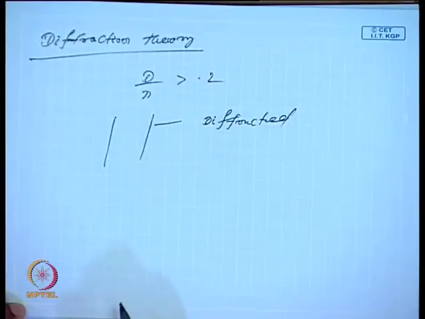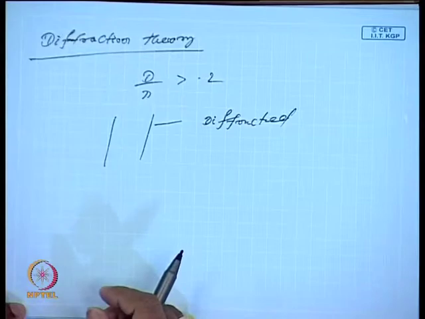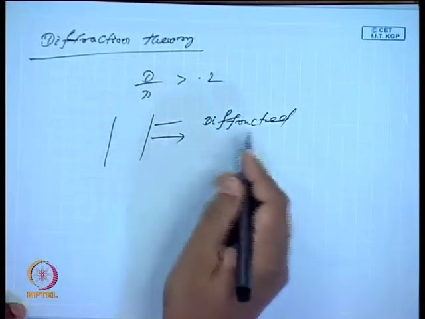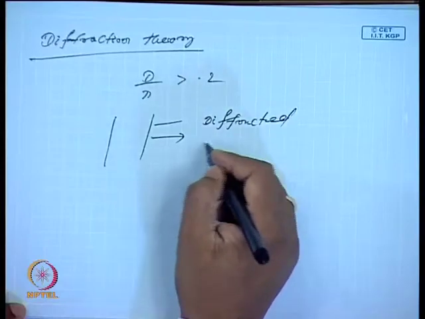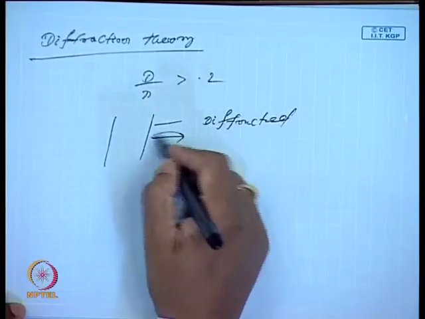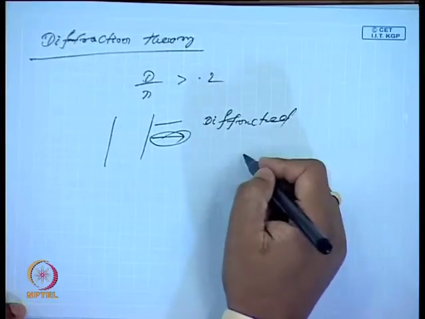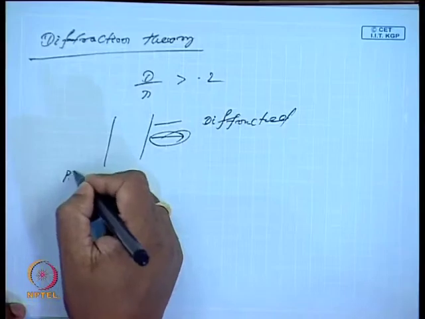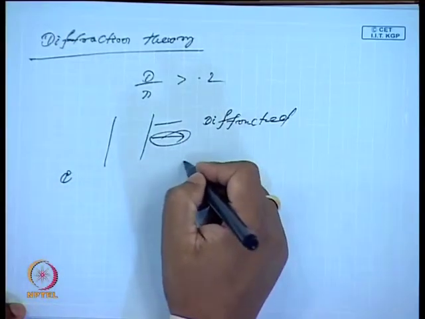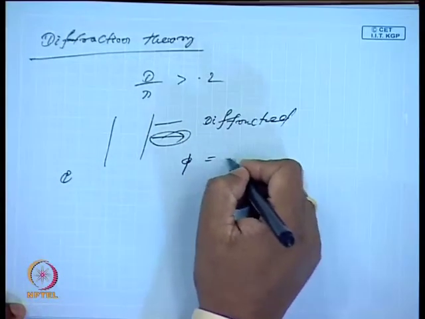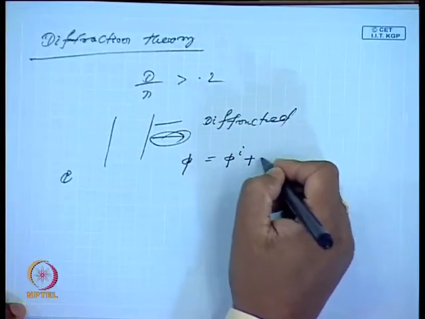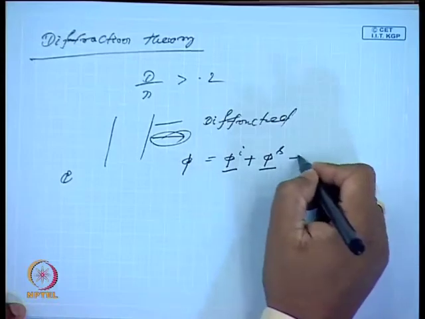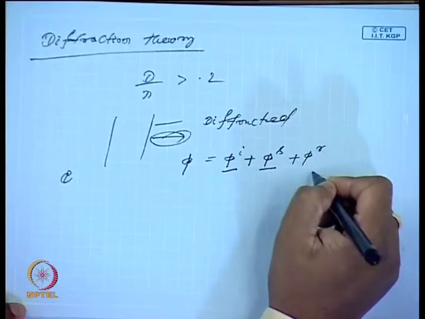Basically, a diffraction field is developed around the structure, because a part of the wave energy gets reflected, diffracted, scattered and radiated out. In this case we apply the diffraction theory, where the total potential phi is written as the incident potential phi I plus the scattered potential phi s plus phi r, the radiated potential.